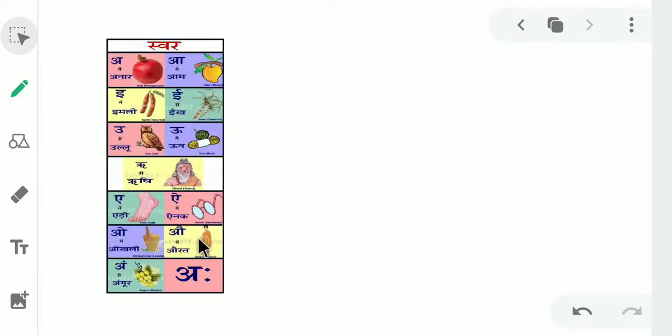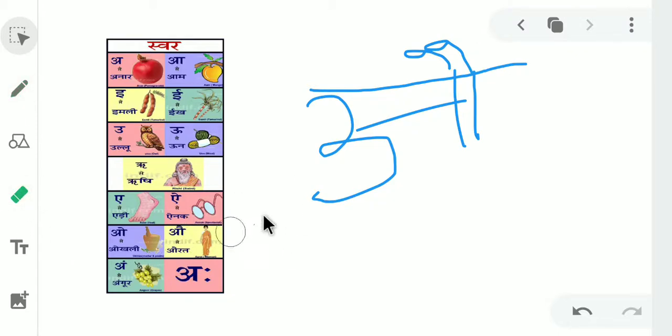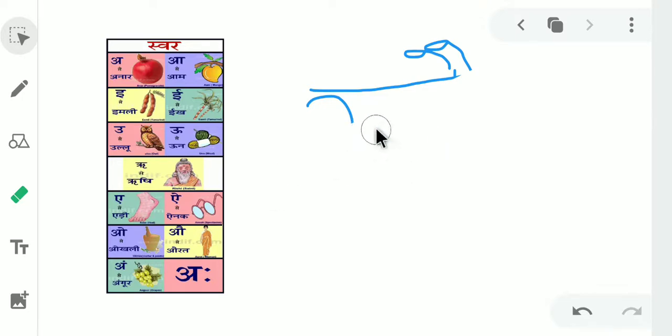Now, if you like it O, you can write it like this. You can give two ray on the head and you can write it O. You can write it like this.